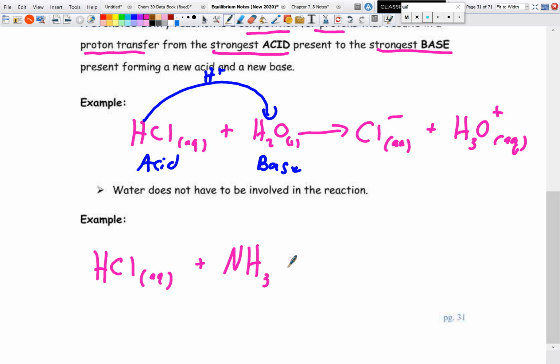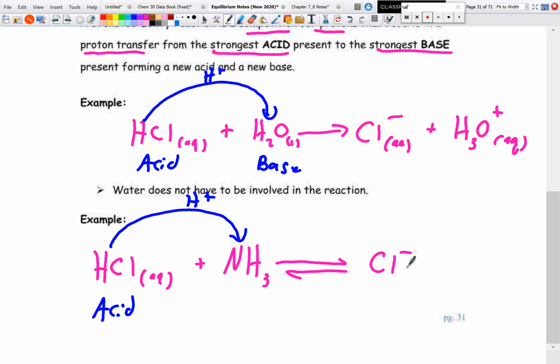ammonia. Now in this example, we know HCl, hydrochloric acid, well, it's an acid. And we're still going to get this transfer of hydrogen from one species to the other. So if we follow the transfer of that hydrogen, what we're left with is Cl minus. And now our ammonia NH3 is going to pick up an extra hydrogen, so we go NH4.